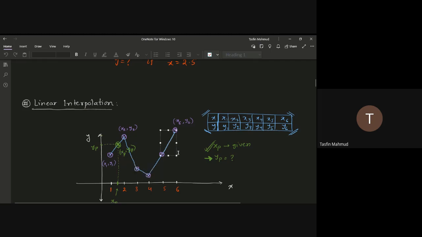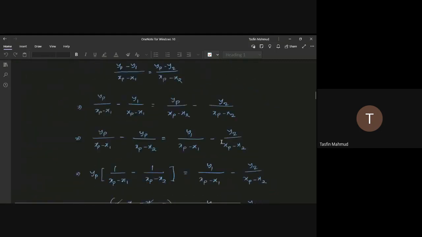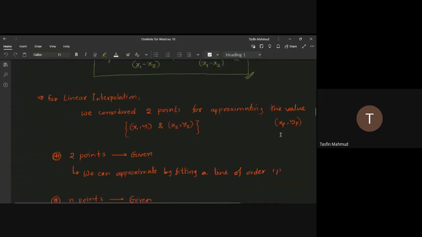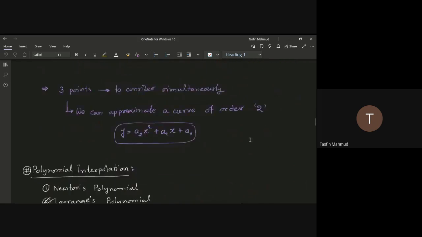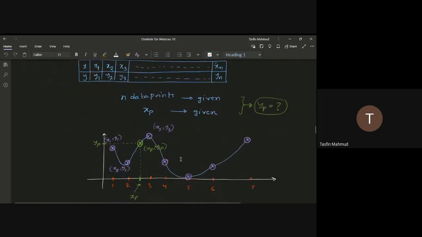So we considered all the straight lines, and whenever we have to find the value of y, let's assume yp for any given xp, we applied the idea of interpolation and derived the equation for how we can find the value of yp for any given xp. Similarly, we also had the idea of polynomial interpolation. In polynomial interpolation, our curve will not be a straight line, rather it would be a curved line.